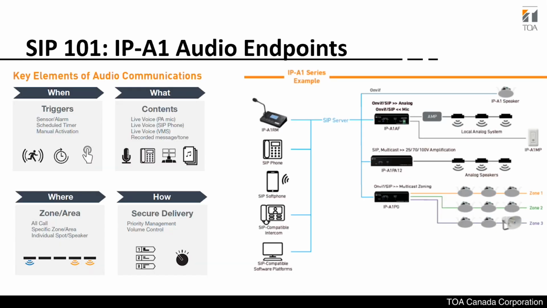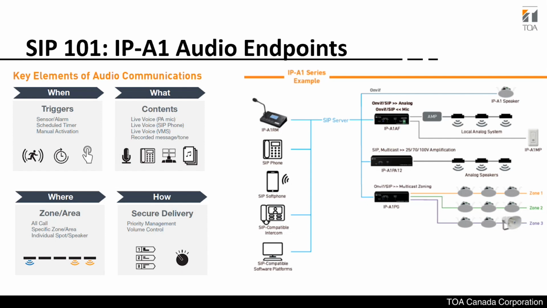So this is how a system usually looks. On the left you have transmitters, like the microphone IP1RM, or just a regular SIP phone, or N-SP80MS2, all connected to the network. In the middle, you have a SIP server that facilitates the connection, and on the right, you will have the IP1AF connected to an amplifier and local analog speakers, or you can have the IP1PA12 connected directly to the speakers, or you can have multi-zone paging using the IP1PG paging gateway, and you can page multiple speakers in one zone.